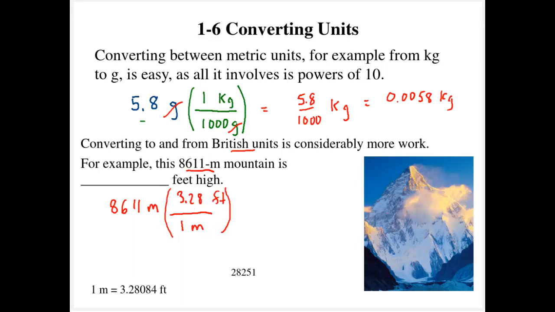Essentially what I'm doing is saying this expression in parentheses has a unit value of 1. I'm multiplying 8611 by 1. I cancel the meters out, and I'm left with feet. I type that into my calculator, and I get 28,251 feet. So fairly high mountain here.